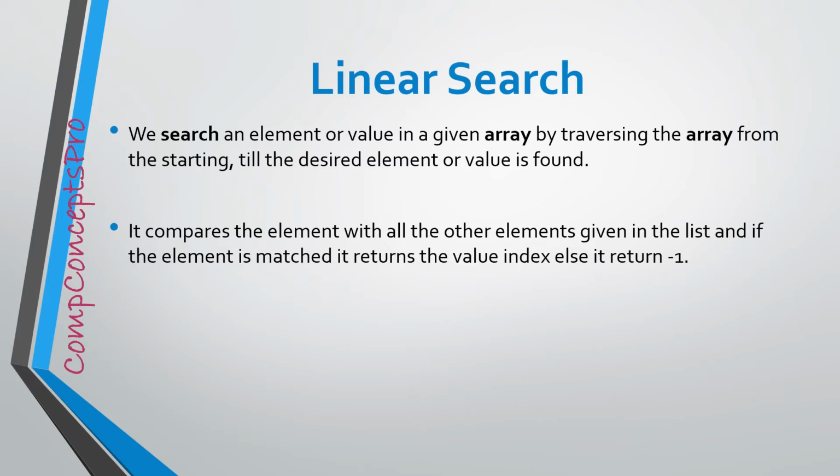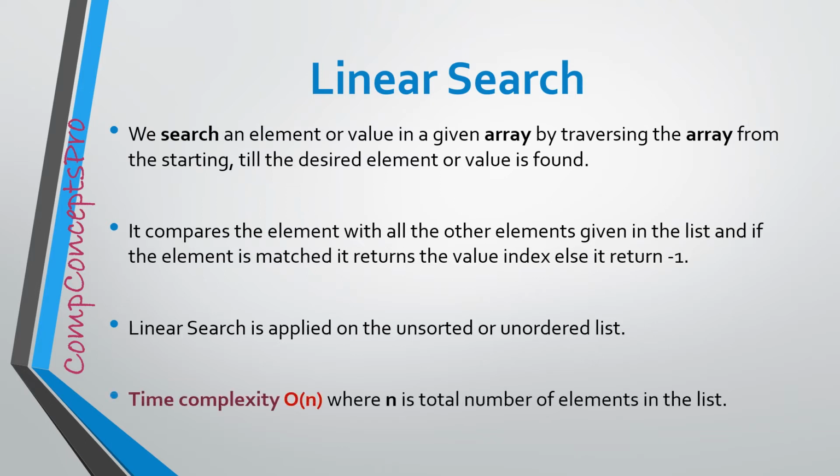When there is a match, the loop ends and we can display the value. This linear search technique can be used on an array with any random values stored in it, which means it need not be a sorted array. Lastly, the time complexity is of the order n. That means the larger the array, the more time will be taken to search it.